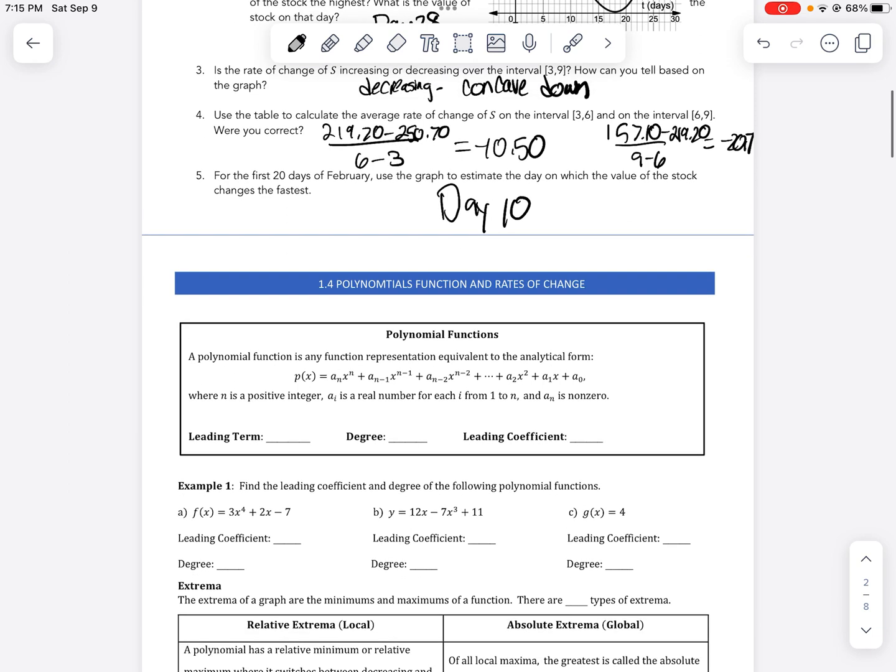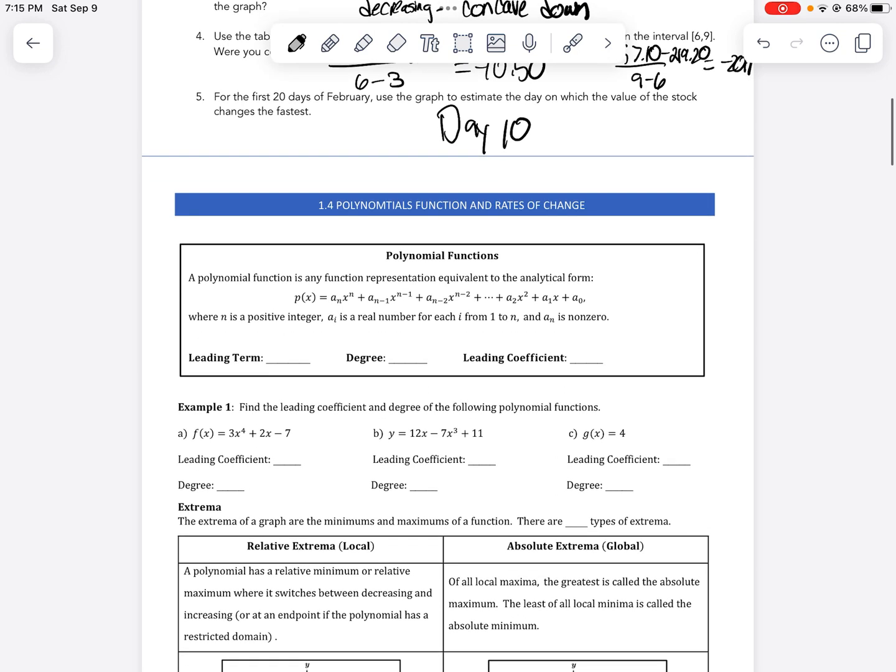So what we looked at is something called a polynomial here, okay? So a polynomial is a function that's written out in this long form. So a polynomial would be like 5x cubed plus 6x squared minus 2x plus 8.